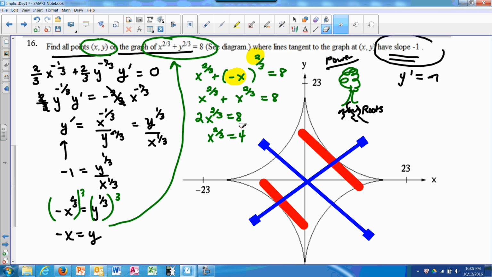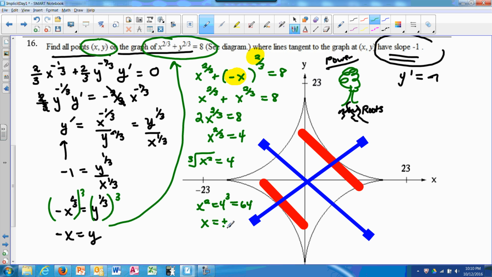So we'll look at why we need the plus and minus. This is really the cube root of x squared equals 4, which is why up here the cube root squared became positive. So if I get rid of the cube, x squared equals 4 cubed, which is 64. So x equals plus and minus the square root of 64, which is plus and minus 8.